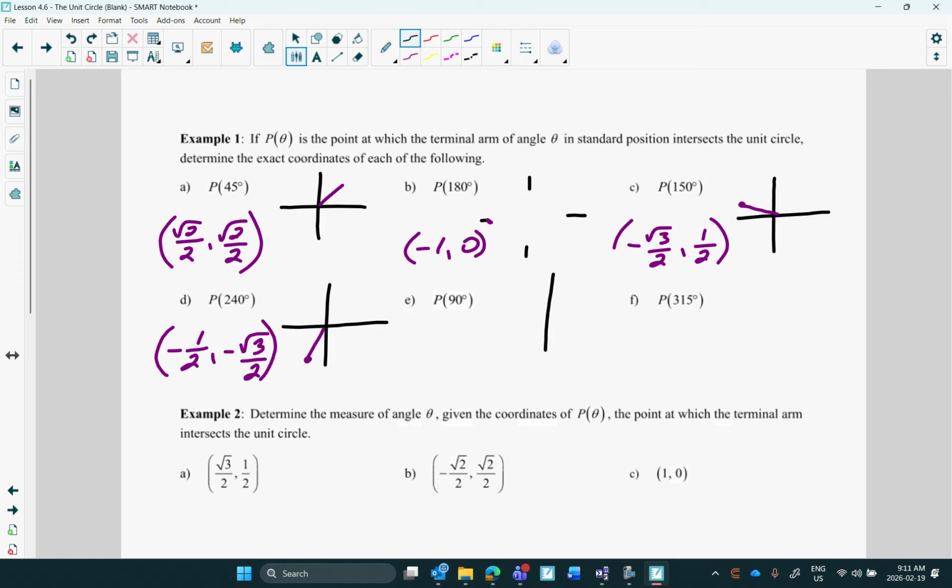This one's a little easier. This one goes straight up. 0, 1. This one, 315, that's quadrant 4. That's the one that actually goes straight out into the middle. Where the values are the same, but one of them's negative.